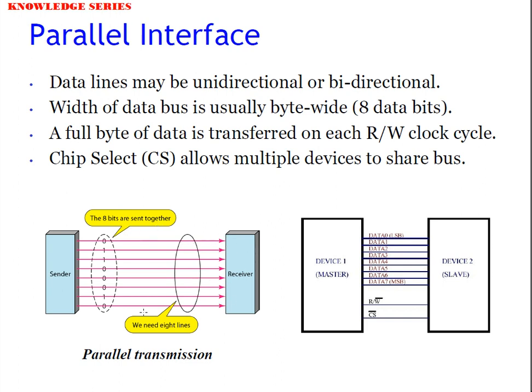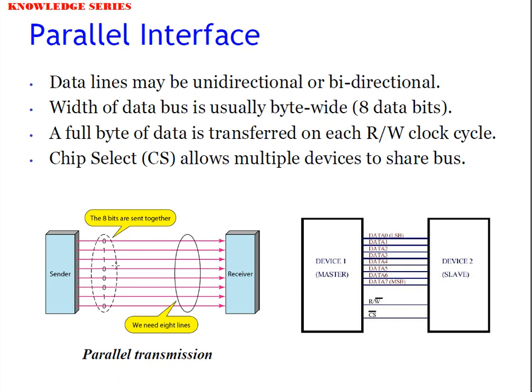So 8 bits are sent together, and we will see that 8 bits are arriving here. So this is nothing but parallel transmission. This is a very fast form of transmission, because all the bits are moved at one instance from the sender to the receiver.